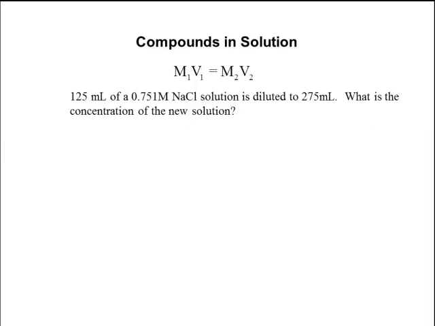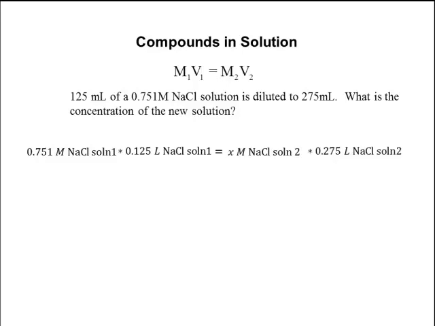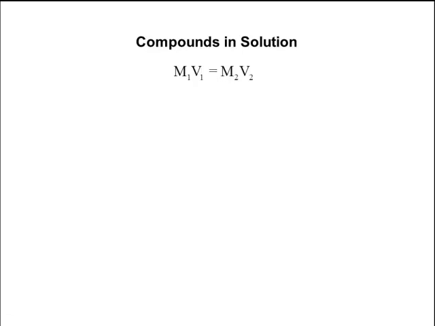An easier way of looking at this calculation, I can just take my molarity directly and multiply it by its volume in liters. That'll be equal to my new molarity of my dilute solution times the volume of that dilute solution. I'm still going to end up with the same value. So let's take a look at another example of this type of calculation.